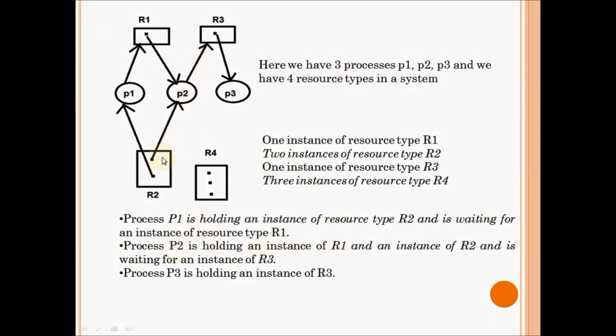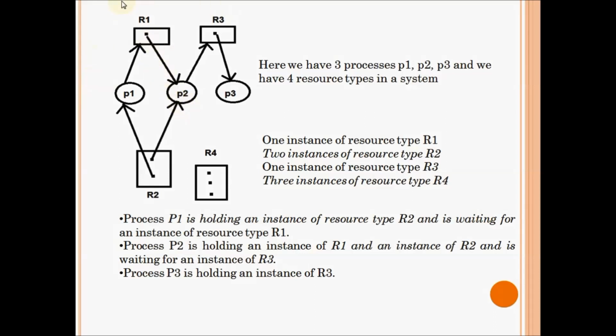Now in the same way process P2 is holding an instance of R1. It's already using R1, P2, but P2 is waiting for an instance of R3.